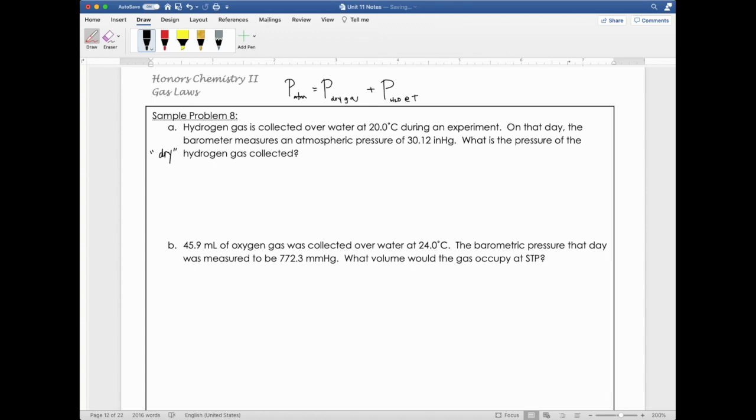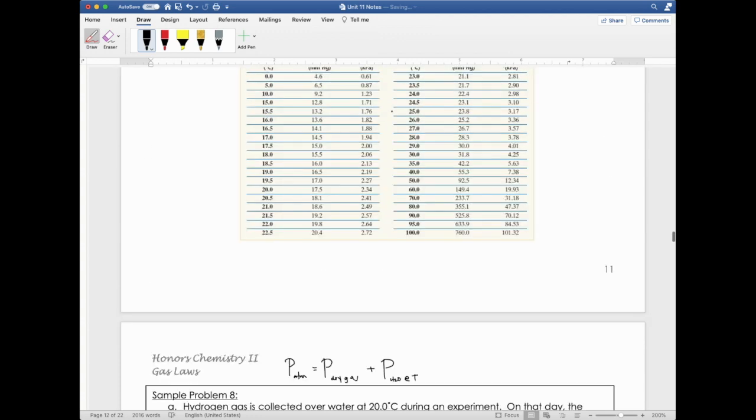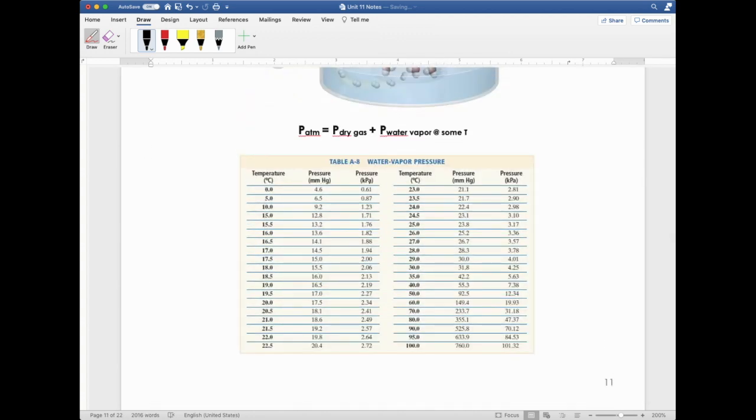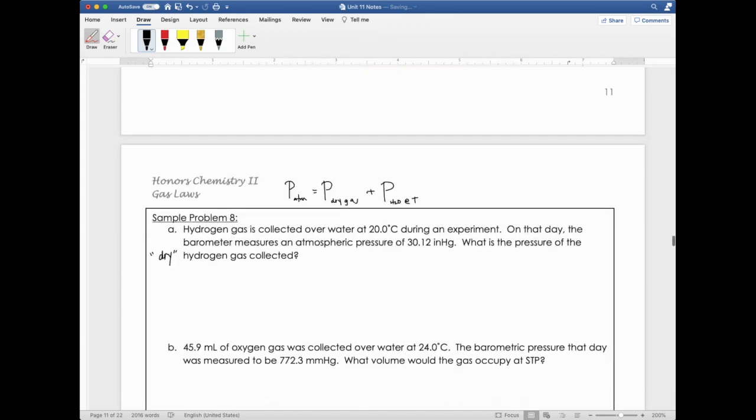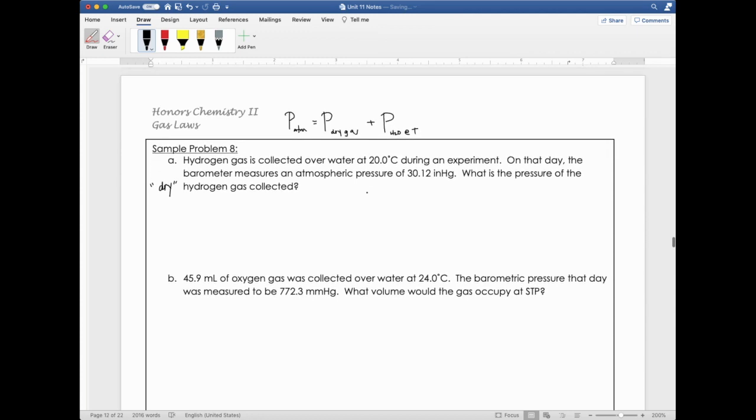What we need to do first is get out of inches of mercury, because if I want to look up the partial pressure of water at some temperature, we're not given units of inches of mercury there. So we're going to convert inches to millimeters using a basic measurement conversion. Even though it's inches of mercury, it doesn't matter because we're still converting inches to millimeters.